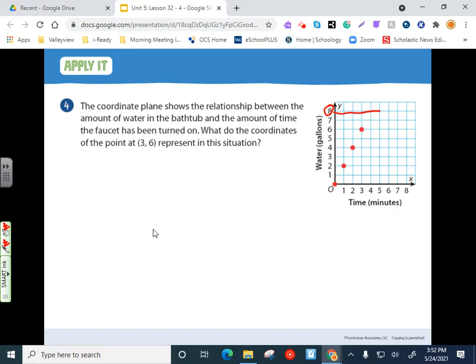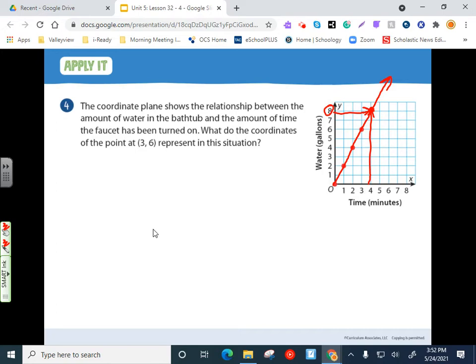And you want to follow the same pattern. So at that point right there, I can move that over like there. What we found here was at 4 minutes, we've got the 8 gallons. Because again, if you follow the pattern, it goes right through that point right there.